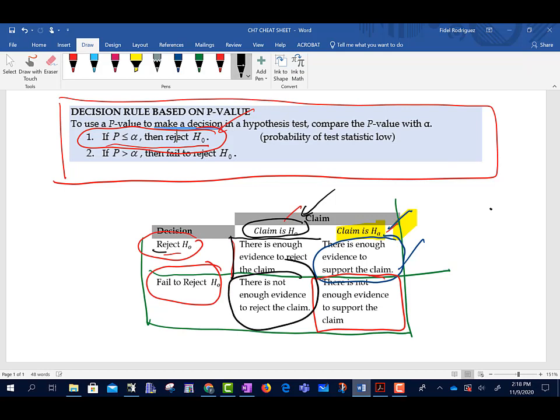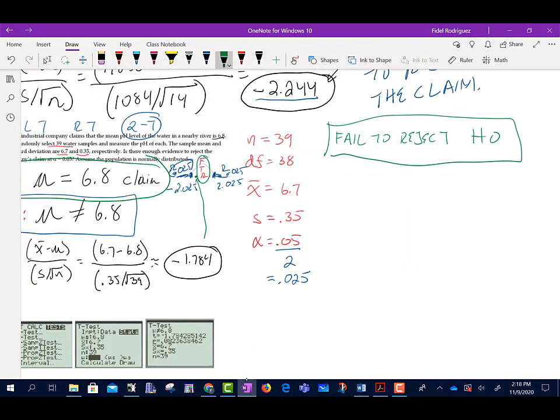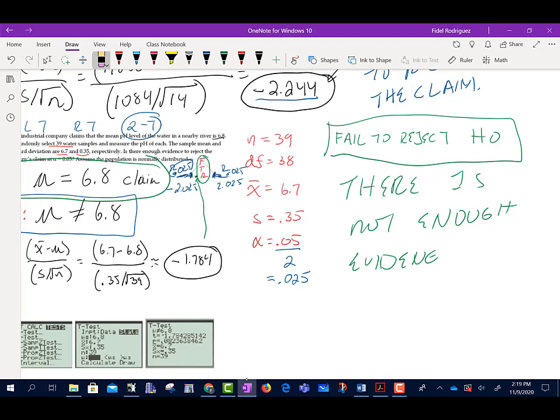So now we're just going to say there is not enough evidence to reject the claim. And that's it.